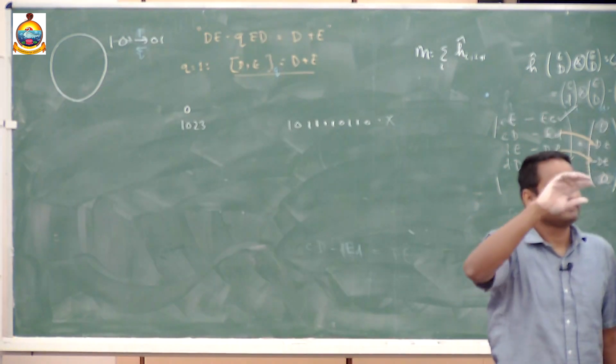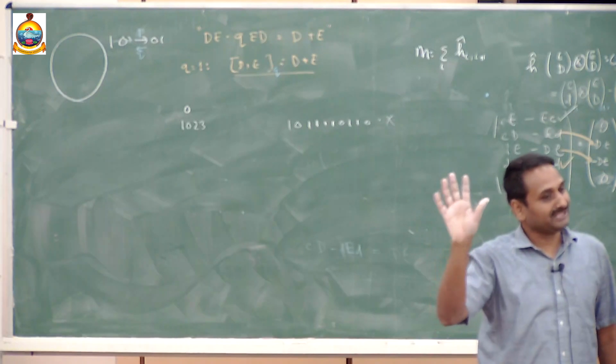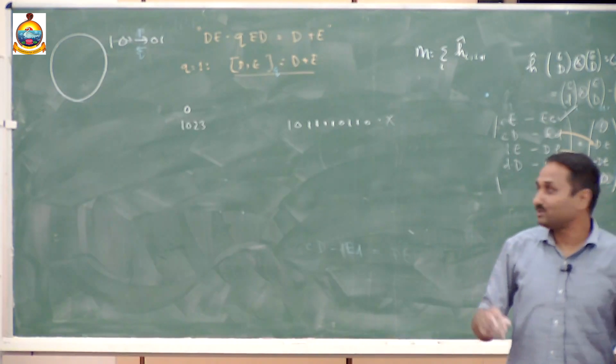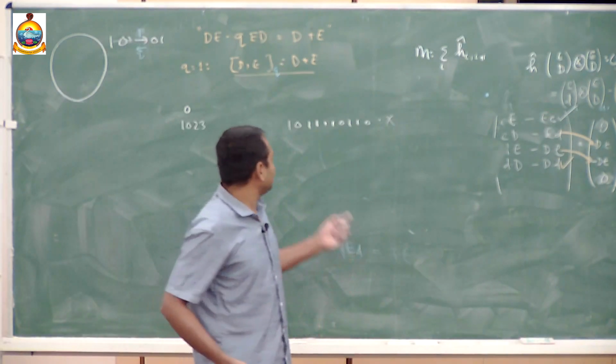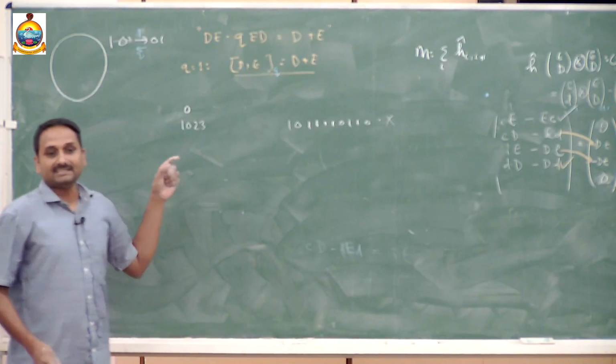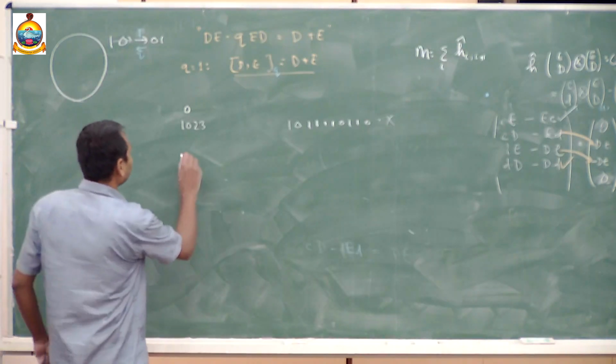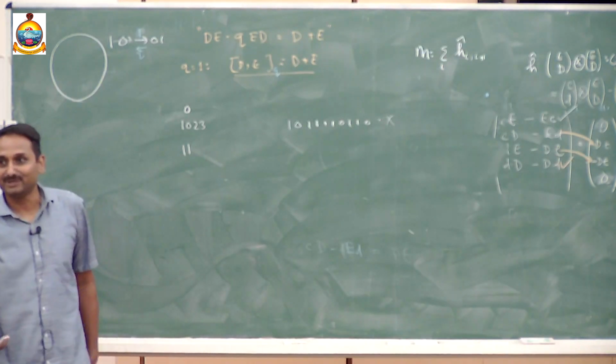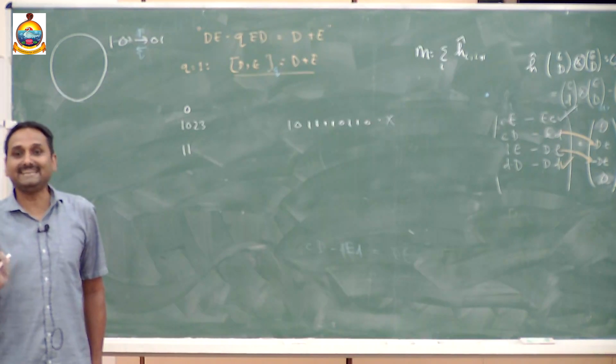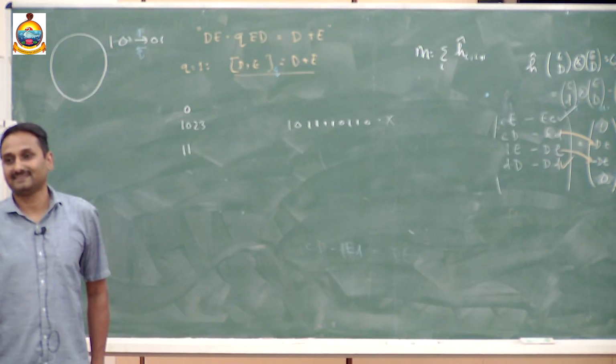Write all the numbers in binary representation. This is a 10-digit binary string. So my question is how many binary strings do you have which do not contain any consecutive ones?